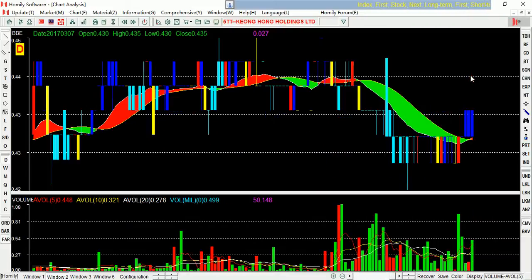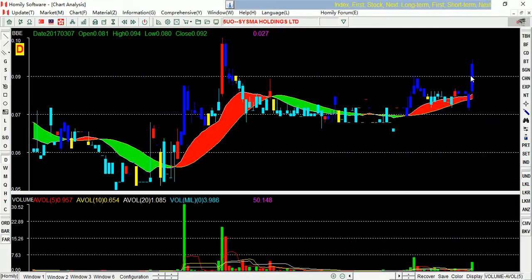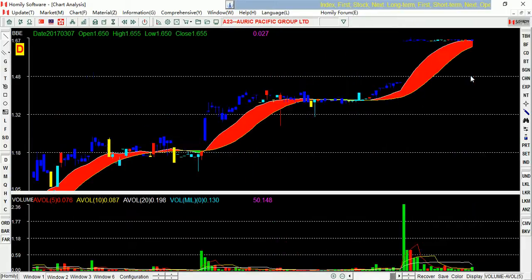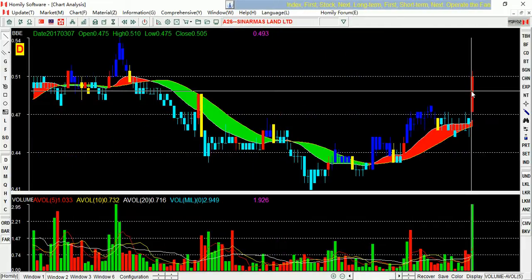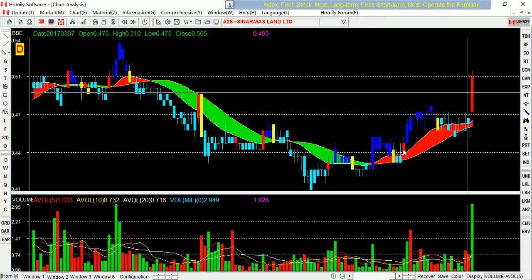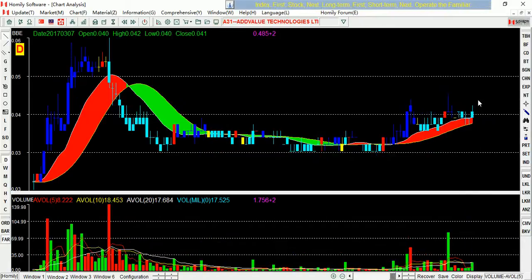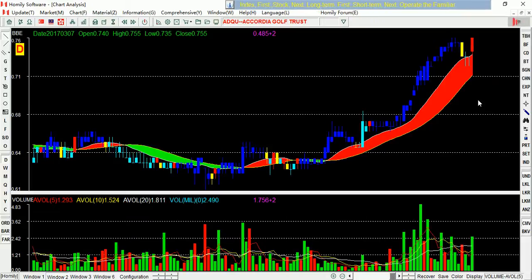Red candlestick. So this is the red candlestick, right? The red band and the red candlestick. So this one also the red band and the red candlestick, right?